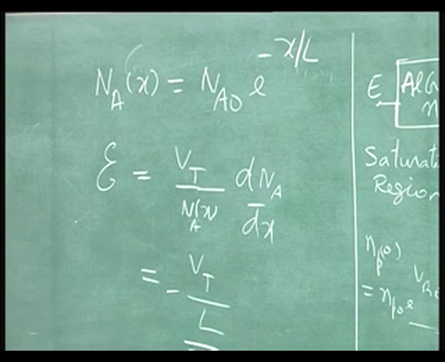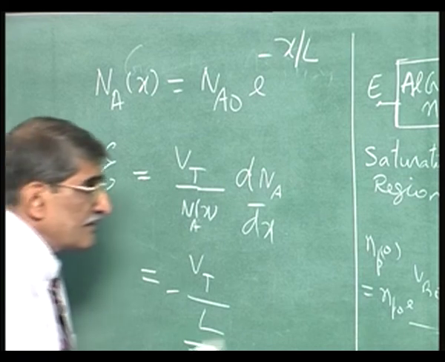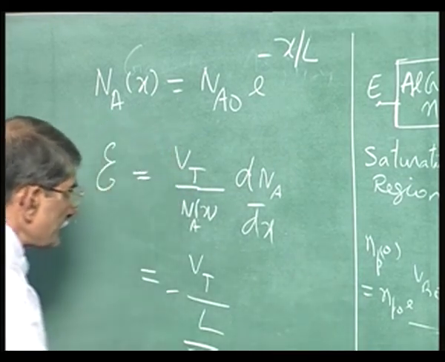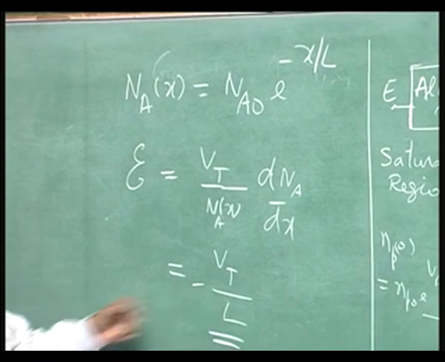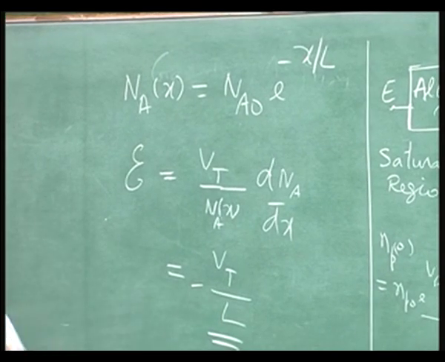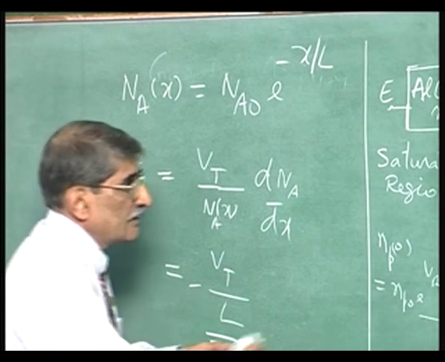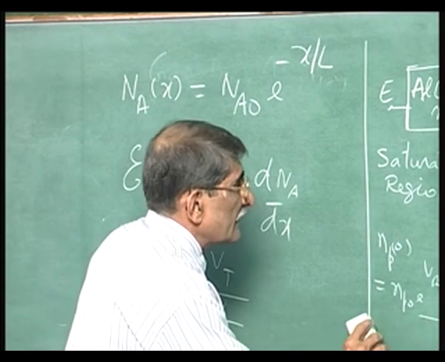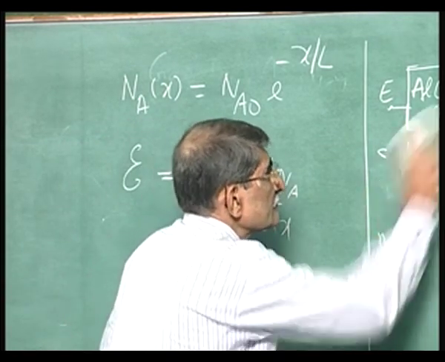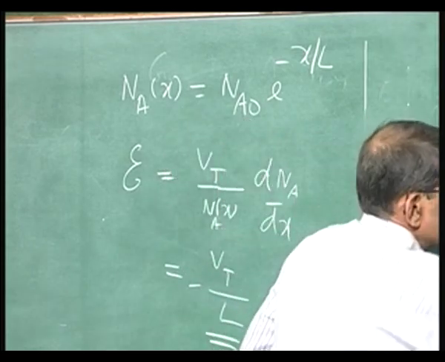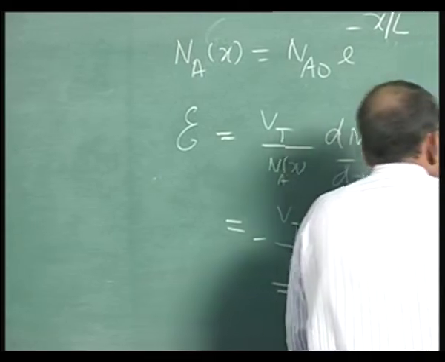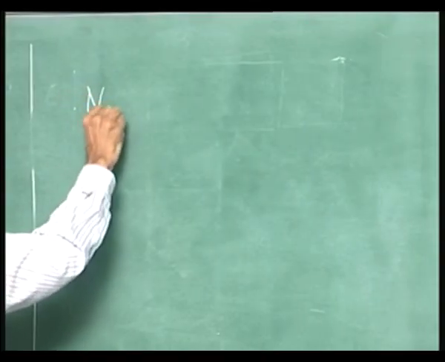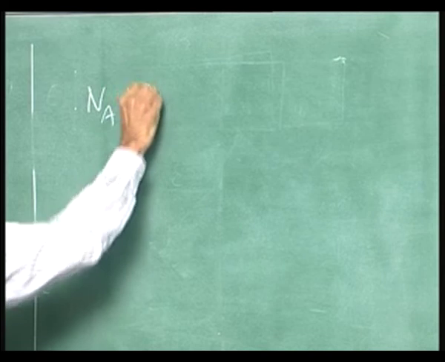What will be the magnitude of this quantity Vt by L? Some idea we must have. That depends upon L. How much will be L? Let me just go back down here. Na0 is Na naught.